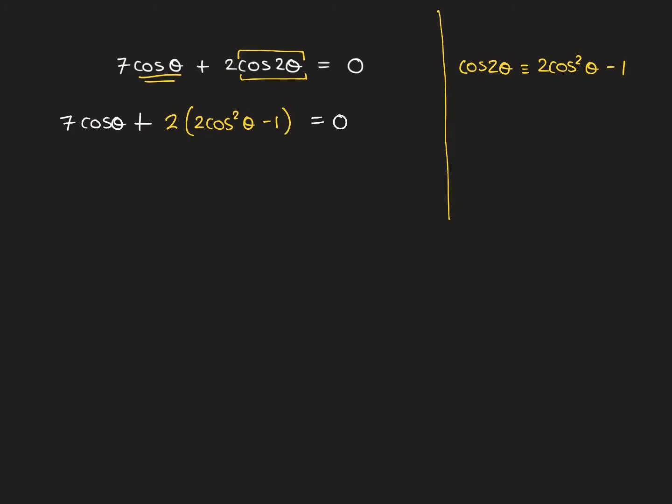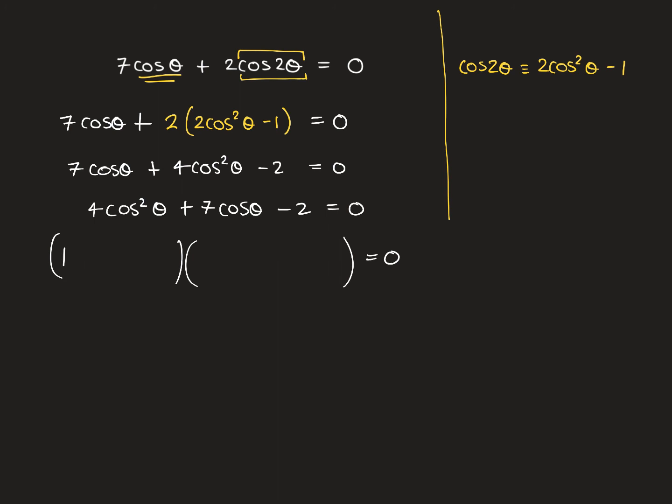And I'm going to rearrange this now. So 7 cos theta plus 4 cos squared theta minus 2 equals 0. And we have an equation that's sort of a quadratic in disguise, which we can then factorise.